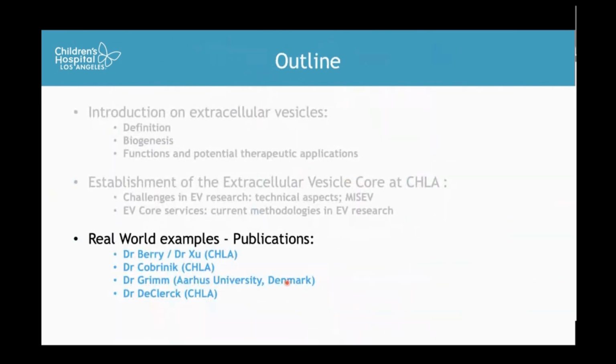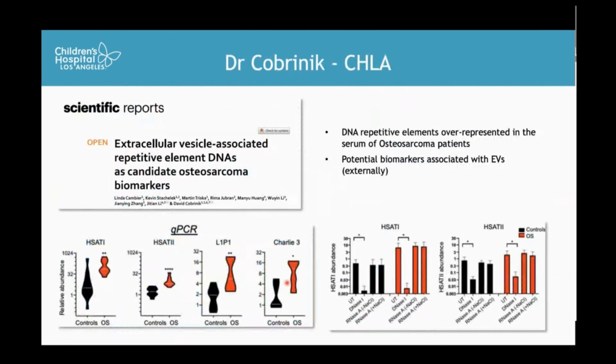I'm just going to spend a few minutes here. I'm almost finished. We're going to talk about some real-world examples of publications that have been made possible with the support of the core. Here at CHLA, Dr. Kubrinik is studying osteosarcoma, and they found that in the serum of osteosarcoma patients, some DNA repetitive elements were represented.